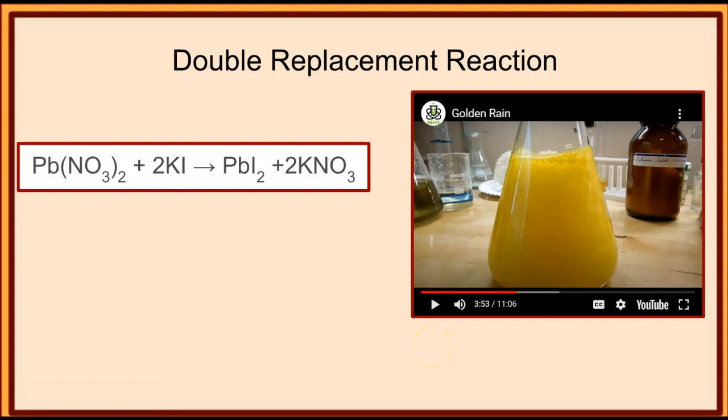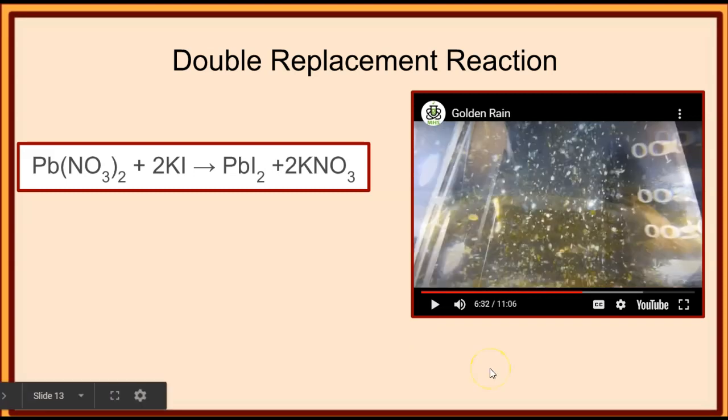You can see that a solid yellow precipitate has formed. Later in the video, he heats up the new solution until all of the lead iodide has dissolved, and then he lets it cool down. Let's see what happens as it cools.